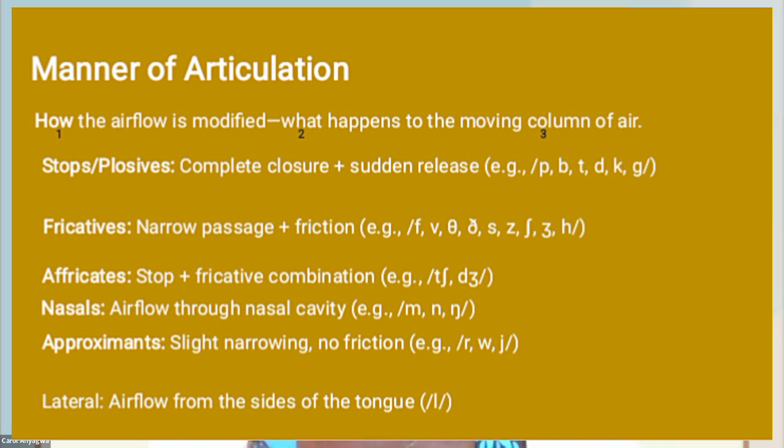Approximants are produced with a slight narrowing in the sense that there is actually no contact between the articulators that are used to produce approximants. And apparently that's why they are called approximants, because they approximate the particular place of articulation of the sounds. For instance, we have w.